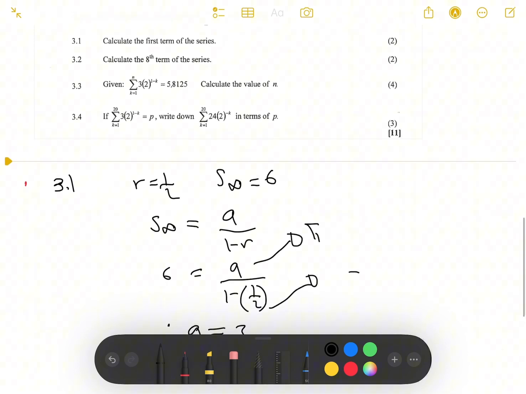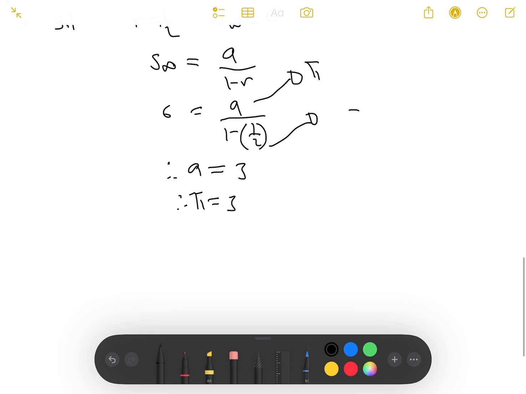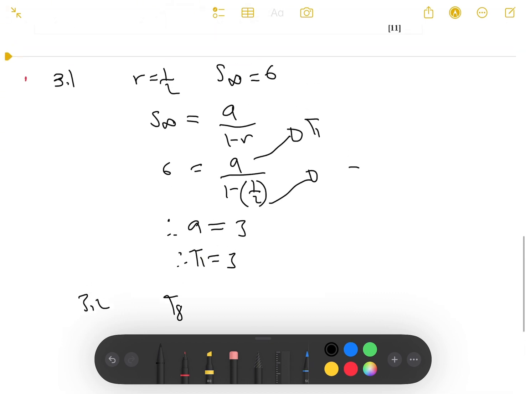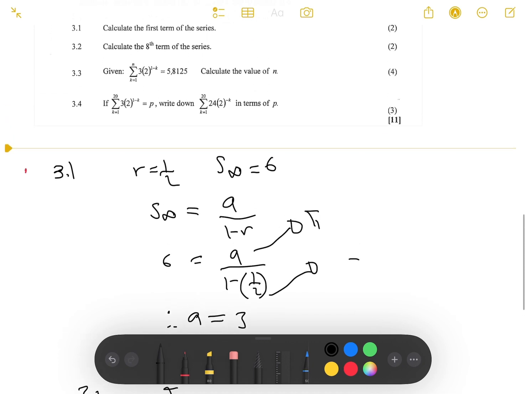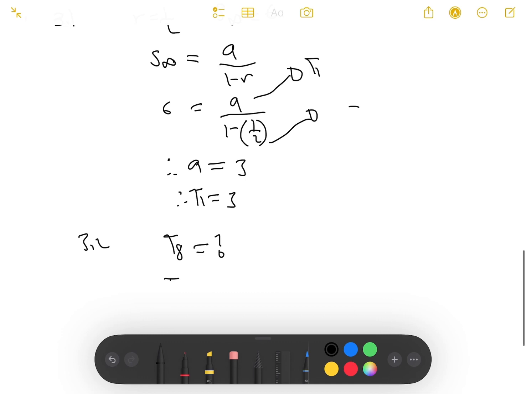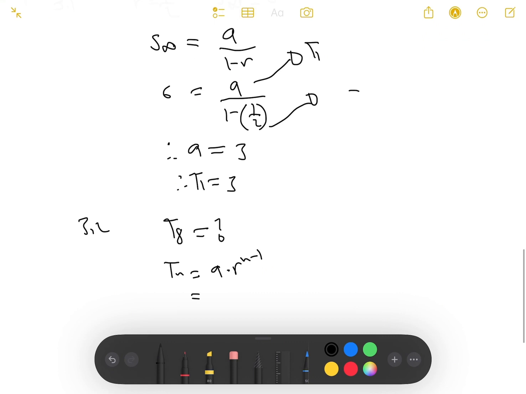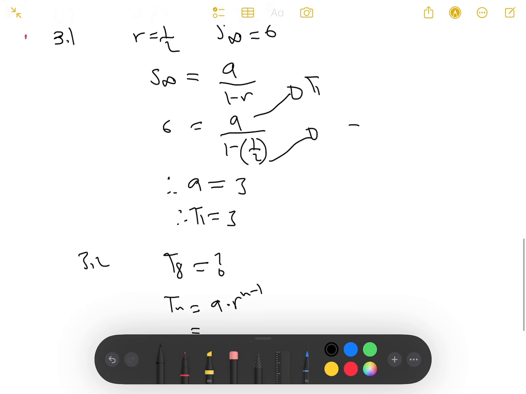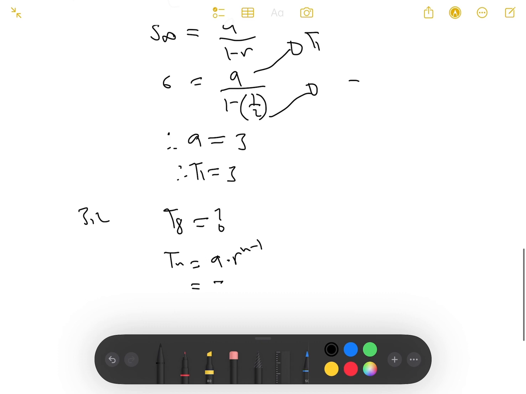And then they say calculate the 8th term of the series. 3.2, T8, they're asking for T8. But then we know that Tn is equal to a times r to the exponent n minus 1, right? Of which our a, what is our a? Our a, we determined it as 3, times the ratio.